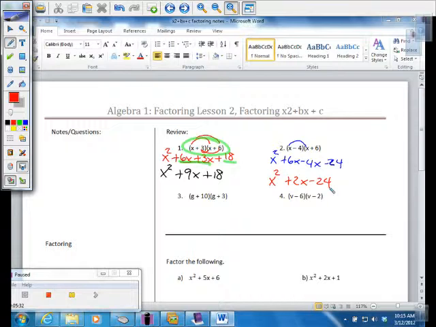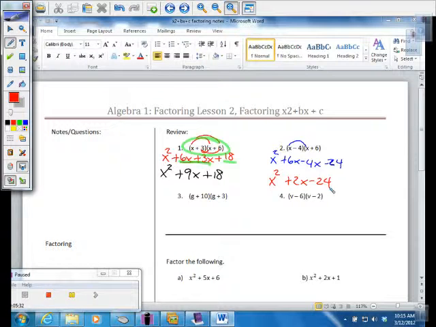Okay? So again, we already have in our schema that for a trinomial, our first step is what? First times the last, add to the middle.